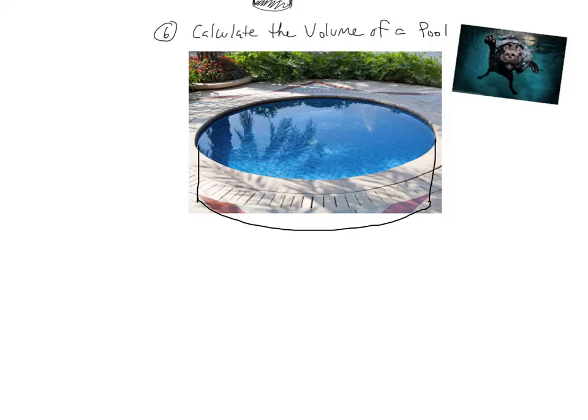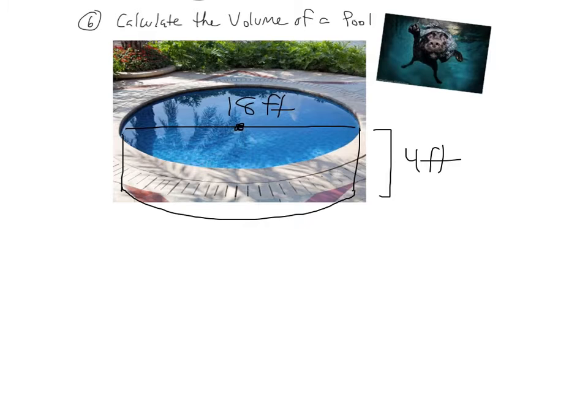Okay, so what we need to know are a couple things. We need to know either the diameter or the radius of the pool, and we'll say that the diameter is 18 feet. And how deep is the pool? We'll call it a 4-foot deep pool. Okay. So how do we calculate the volume of that?